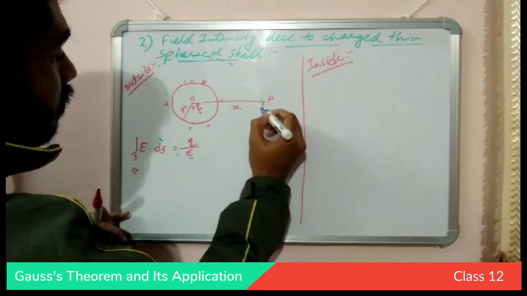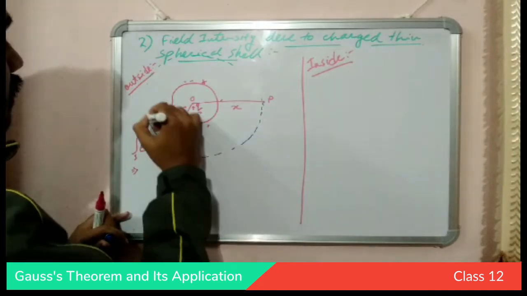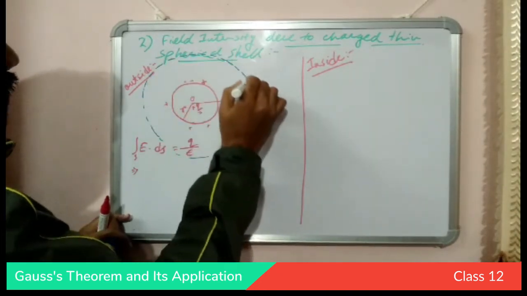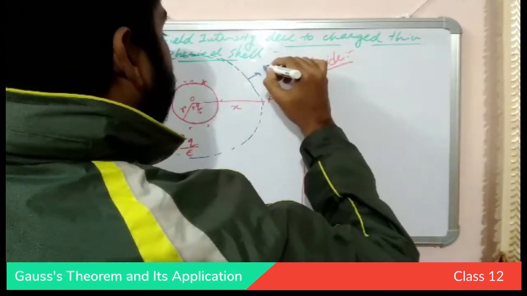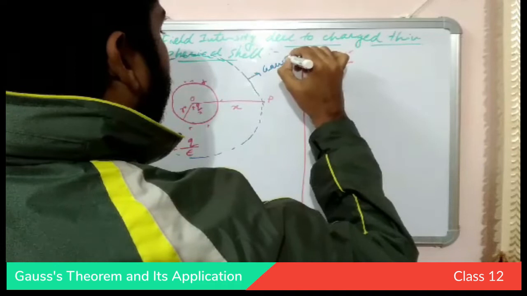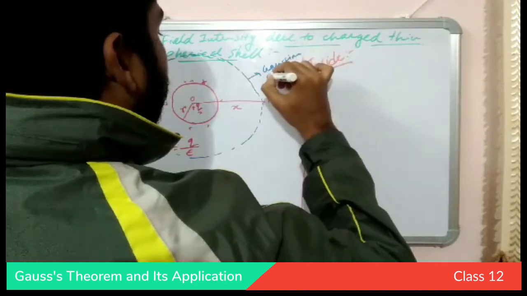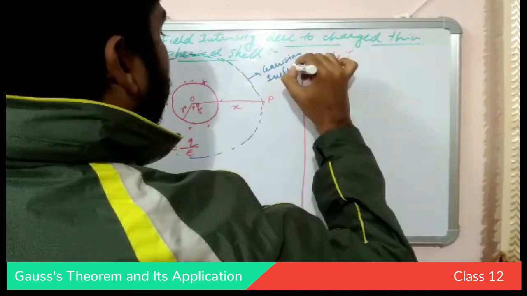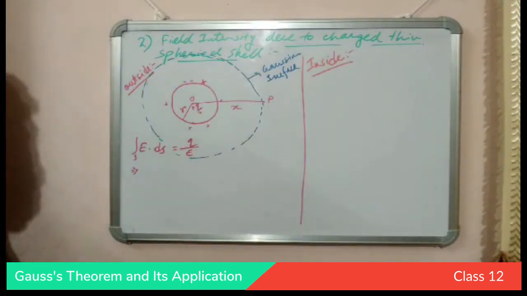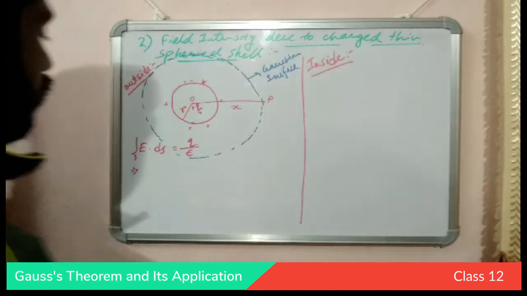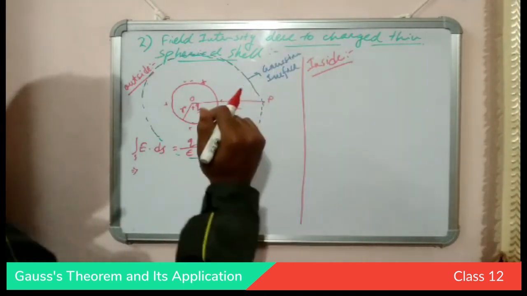We will consider the Gaussian surface. We will calculate our electric field with the help of this surface.